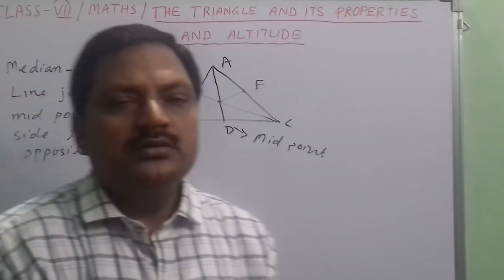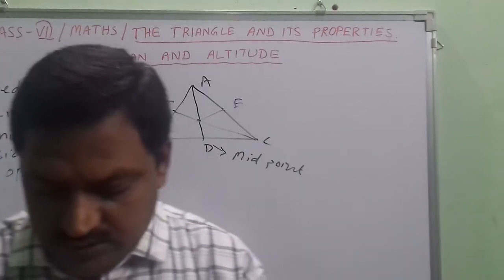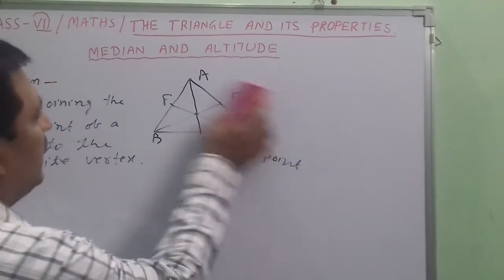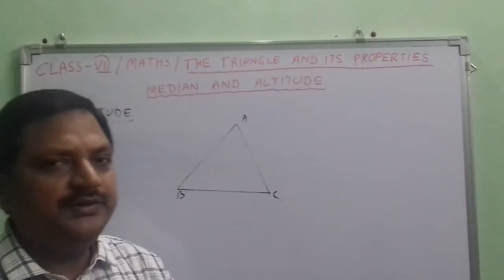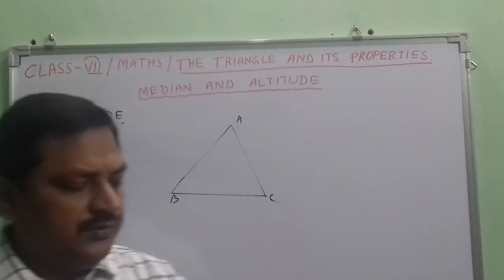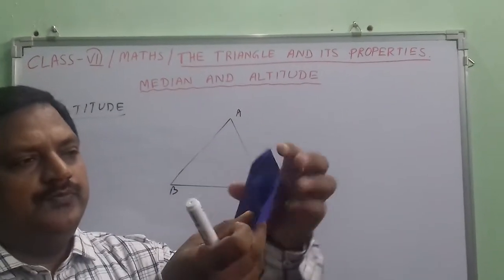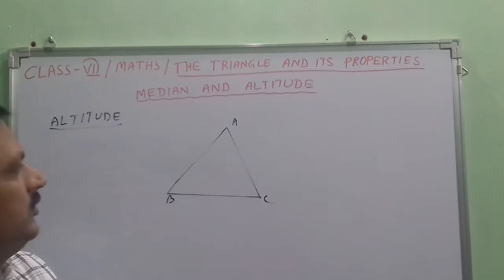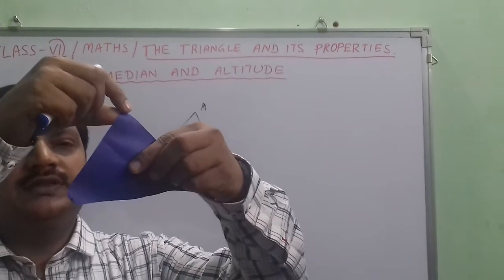Now let's understand what is altitude. You see I have a triangle here. Now I want to know the distance between this base and the vertex.